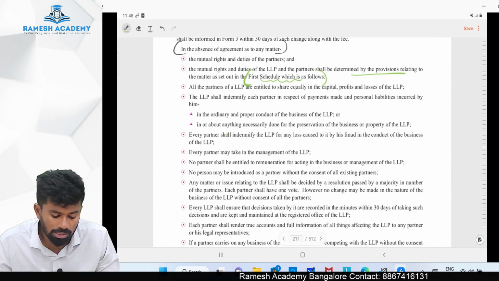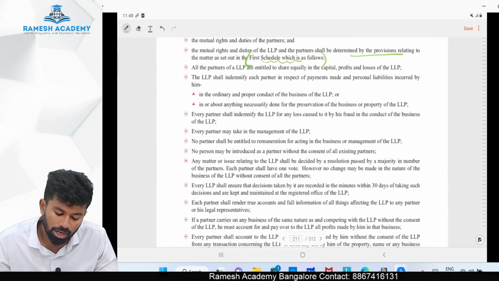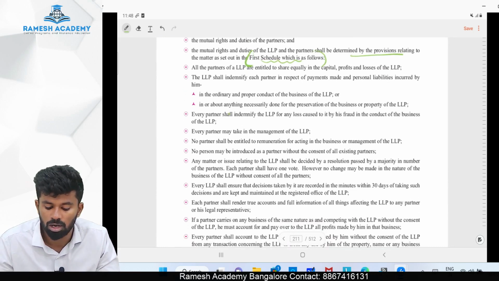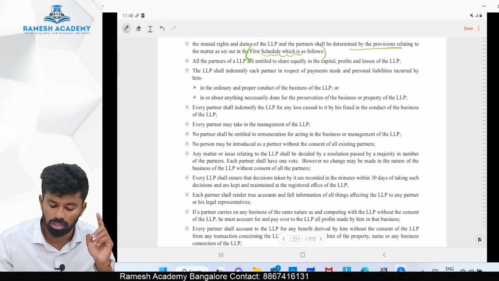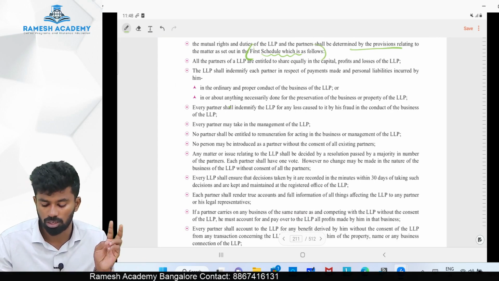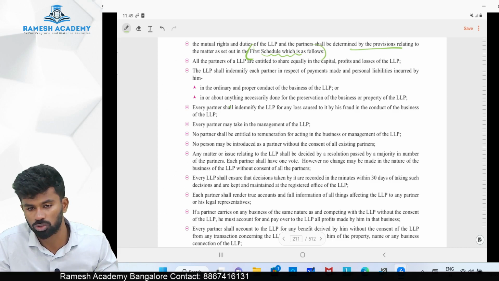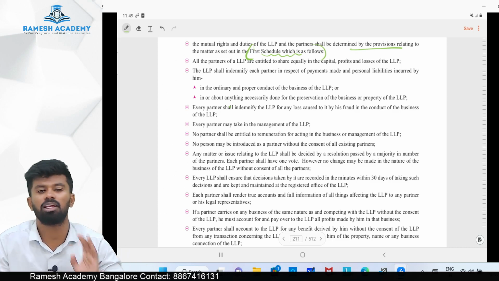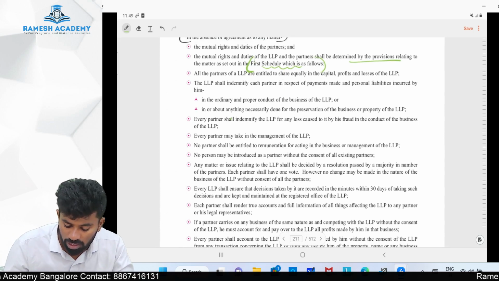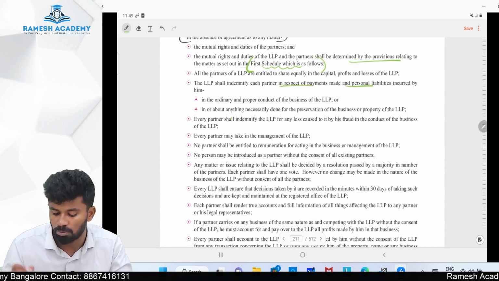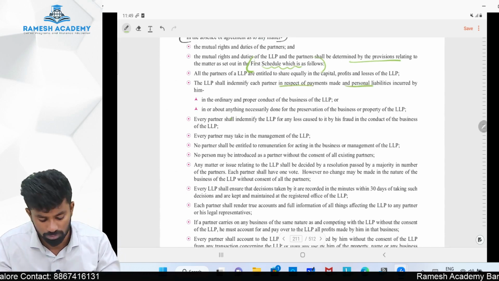Mutual rights and duties of the partners when the agreement is silent. So the first one says all the partners of the LLP are entitled to share equally in the capital, profits and losses of the LLP. They have a right to share the capital, profit and the losses of the LLP in equal ratio. If the ratio is not agreed, equal ratio, that is what the law says. The LLP shall indemnify each partner in respect of payments and personal liabilities incurred by him.